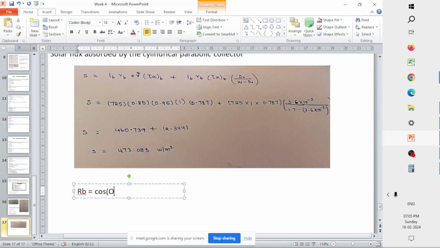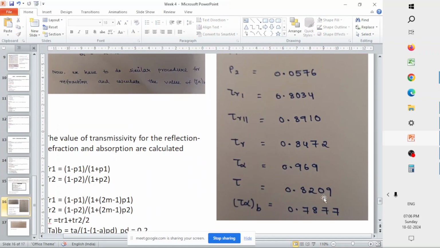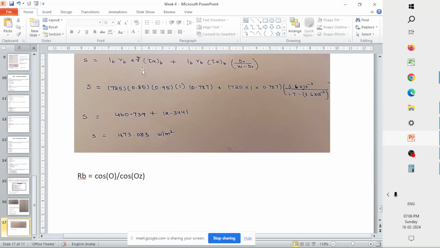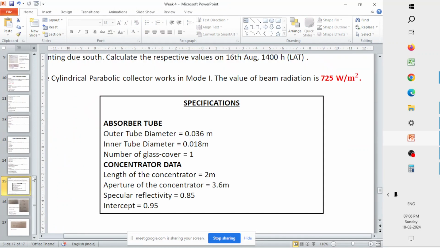I will modify all these things in the PPT that will be uploaded by today or tomorrow. Theta z is nothing but your zenith angle, which you actually know. Yesterday also we saw zenith angle is given by the formula sin phi sin delta plus cos phi cos delta cos omega. Your value of RB will be around 1 if you calculate. Tau alpha B you have calculated in the previous slide and the value was around 0.787, and your specular reflectivity and intercept factor are given in the question, 0.85 and 0.95.